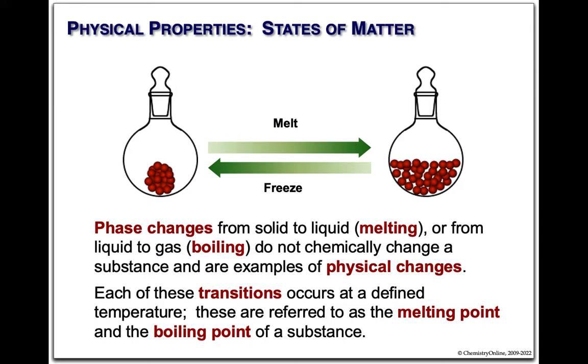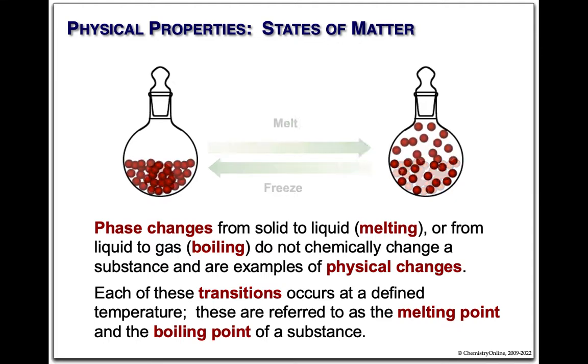The temperature at which this happens is called the melting point. The melting point is unique for every substance. Absolutely unique. That's because the things that hold the particles together, these intermolecular forces we'll see in a minute, are unique for every substance. So the energy it takes to break it is also unique.